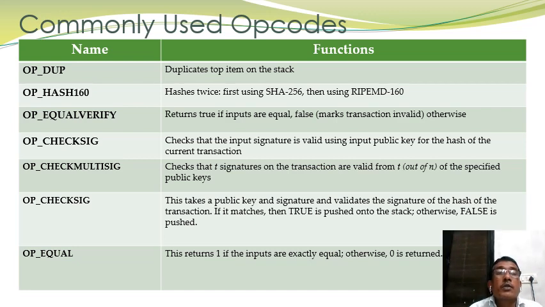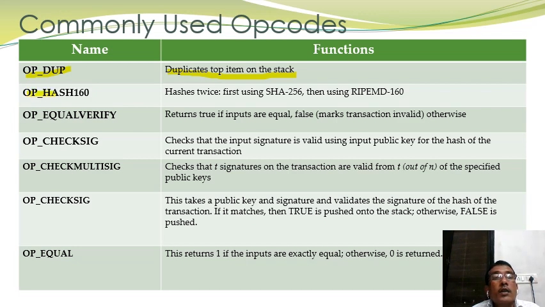There are some commonly used opcodes. First, the opcode duplicate. This opcode duplicates the top item on the stack; whatever item is on the top of the stack is duplicated and pushed onto the stack.